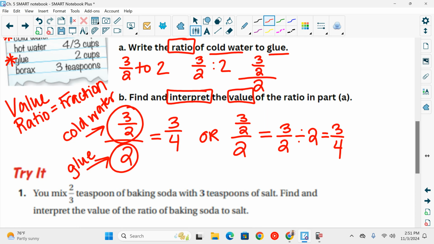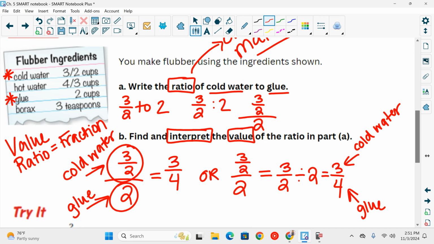Well, that stays consistent, that stays the same. This 3 still represents cold water, and this 4 still represents glue. But what it's representing is the whole of it. If you go back here and look at the measurements, it's being measured in cups and teaspoons, right? Well, what it's saying is, initially it's 3 halves. That's not a whole.